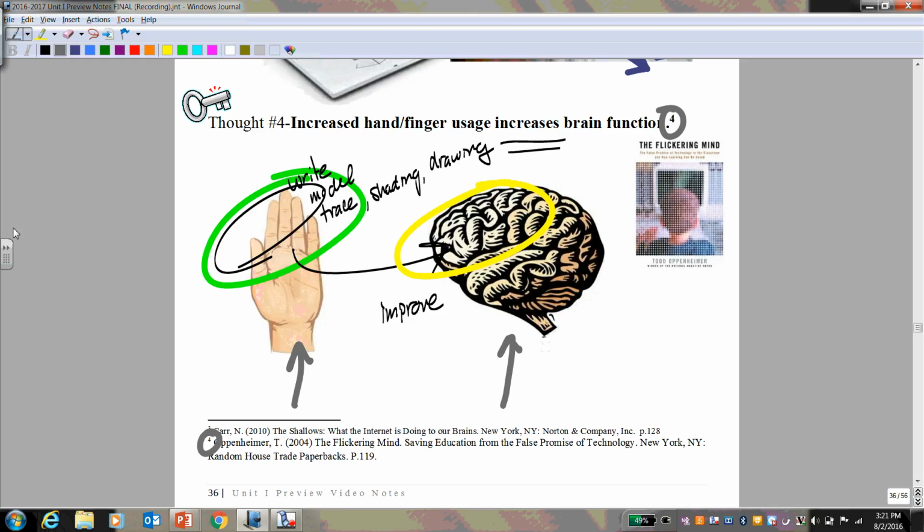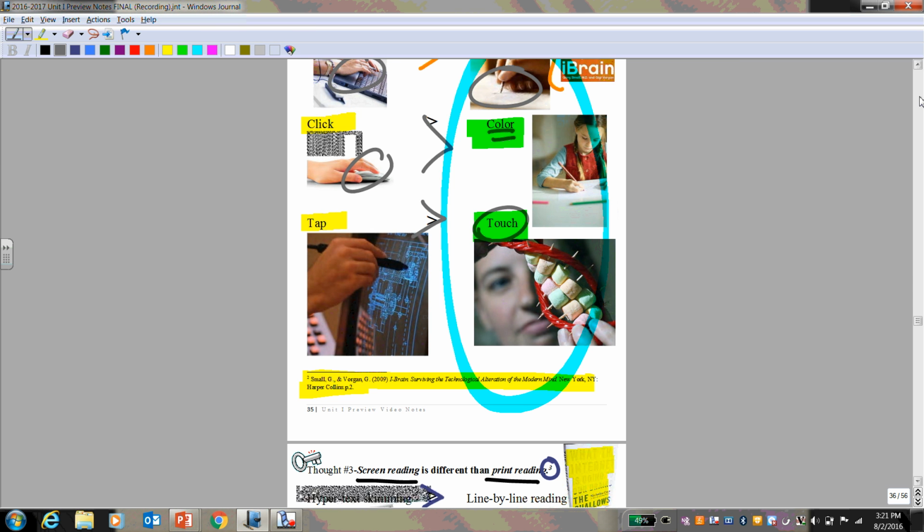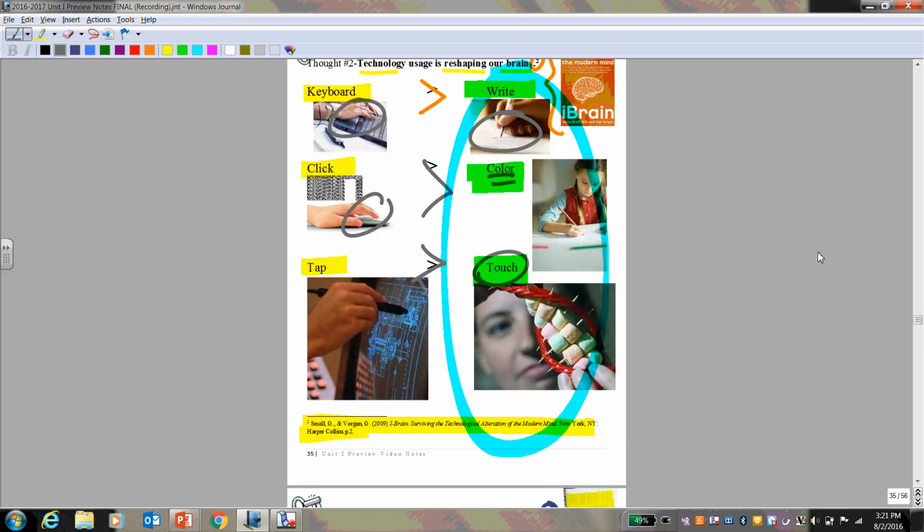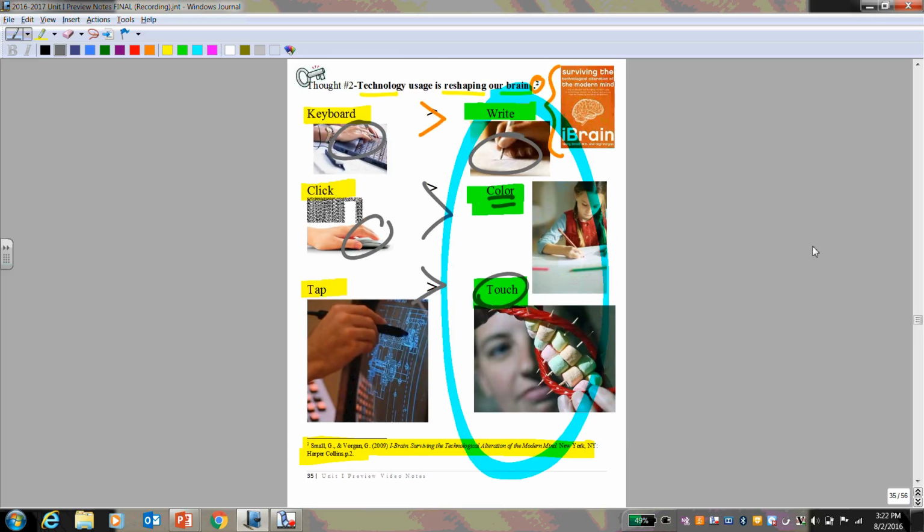Let me summarize these key thoughts because this may be terrifyingly new to all of you. First key thought is simply that your fingertips are connected to your frontal cortex. Key thought number two, the use of technology is reshaping how brains and the neurons in the brains interconnect, and in many ways to a detrimental effect.